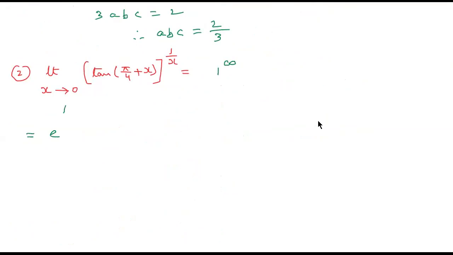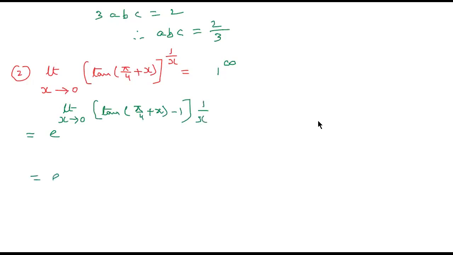We know that e power limit x tends to 0, (f of x minus 1) into g of x. So f of x means tan of (pi by 4 plus x), minus 1, into g of x, which is 1 by x.